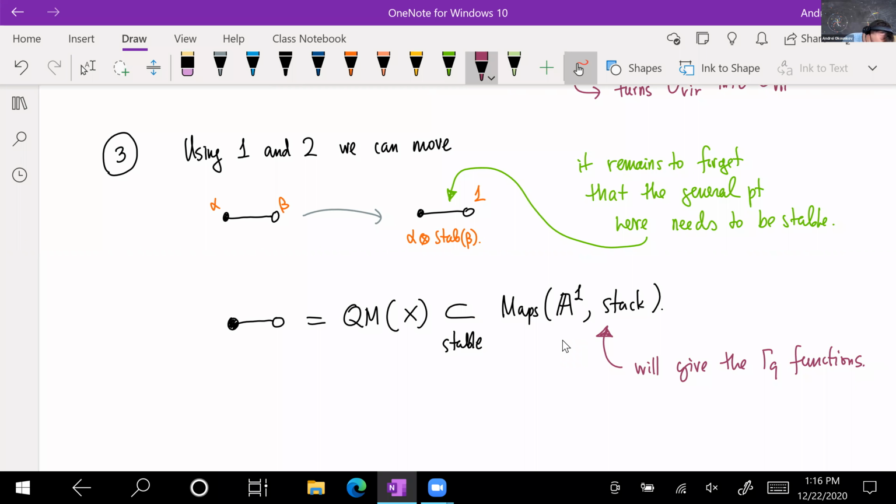And so then we need to show that the integral, in other words, the push forward, vanishes on the complement, and that is the vanishing that happens in the weak sense.